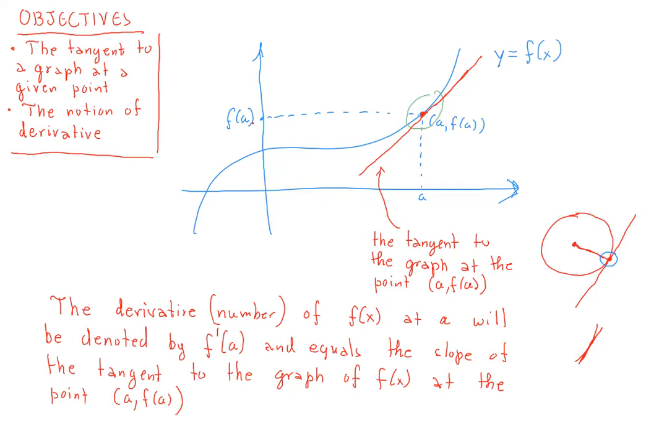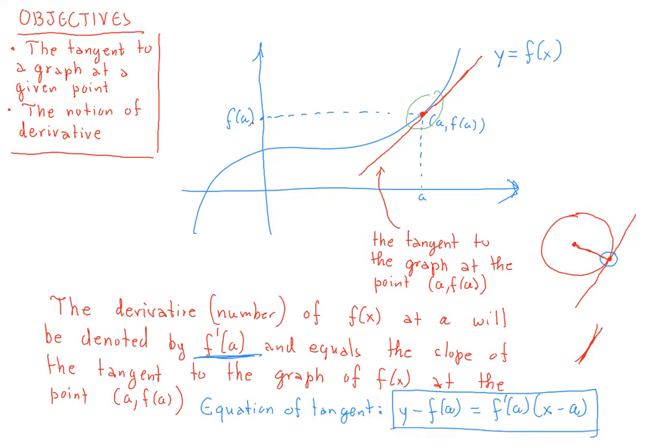So the equation of the tangent: since the slope was denoted by this notation, f prime of A, the equation of the tangent is going to be, using the point slope formula, y minus f of A is equal to f prime of A times x minus A. So this will be the equation of the tangent to the graph at the given point.